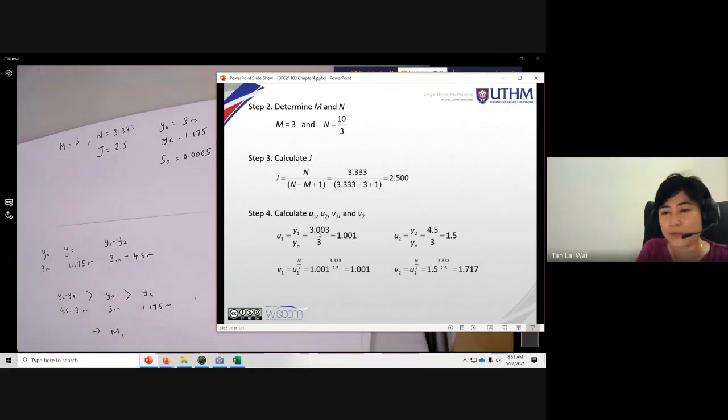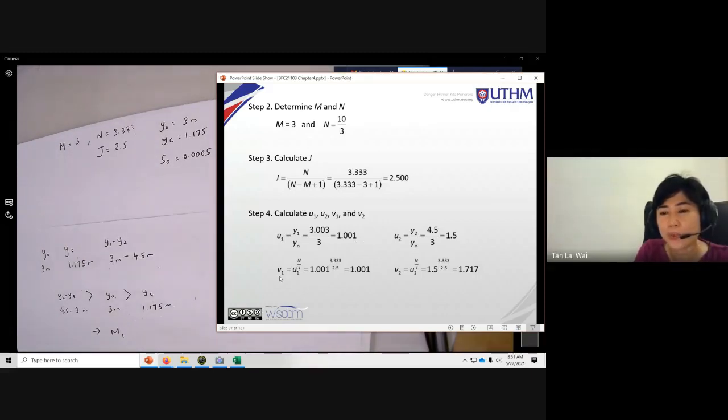So what you have to do is you either minus 0.1% or you add 0.1%, so it will end up with 1.001 here.